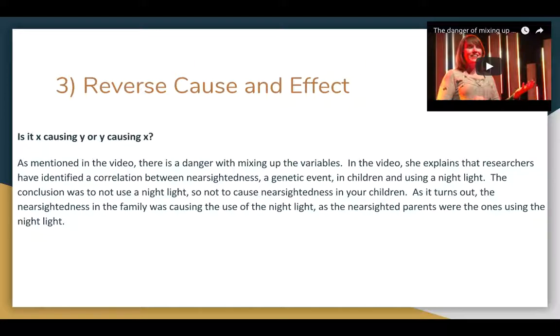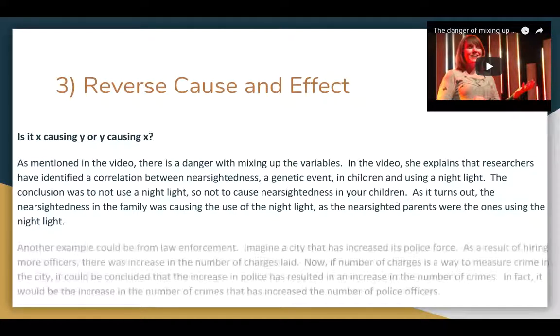They had to reproduce that and found that nearsightedness is genetic, and it's nearsighted parents that want the light on. So it's nearsightedness causing the nightlight to go on, not the nightlight causing nearsightedness.